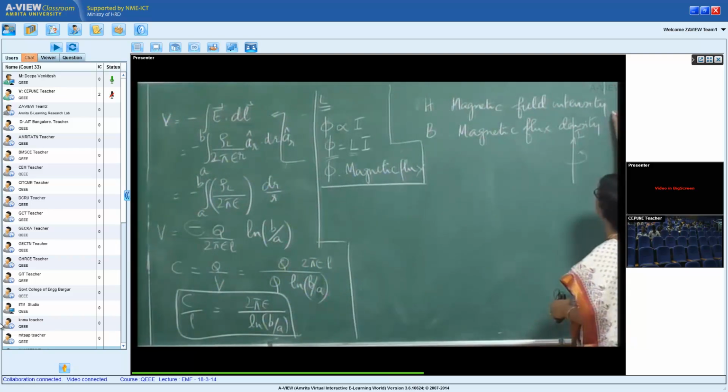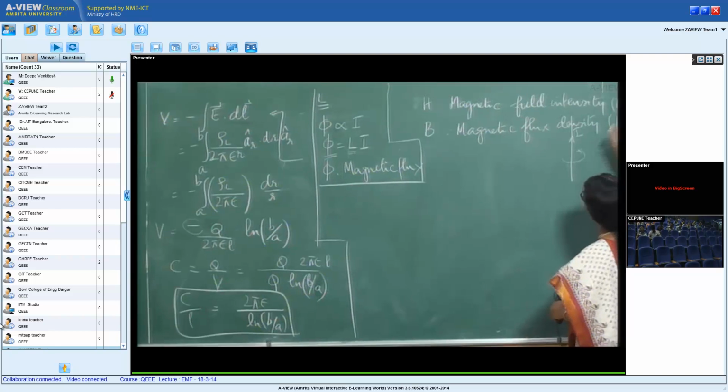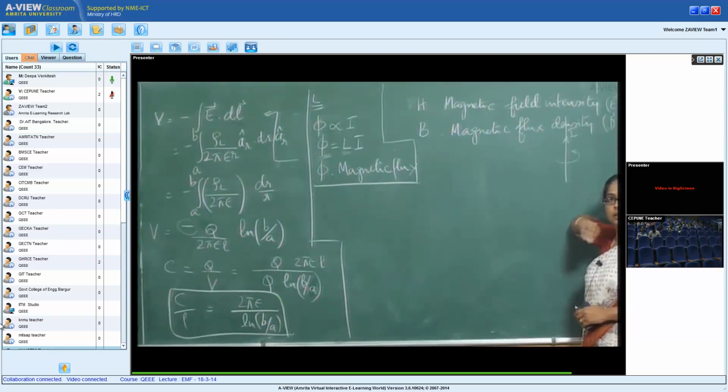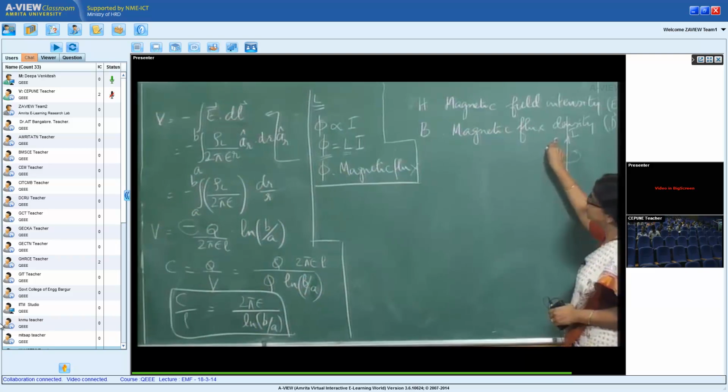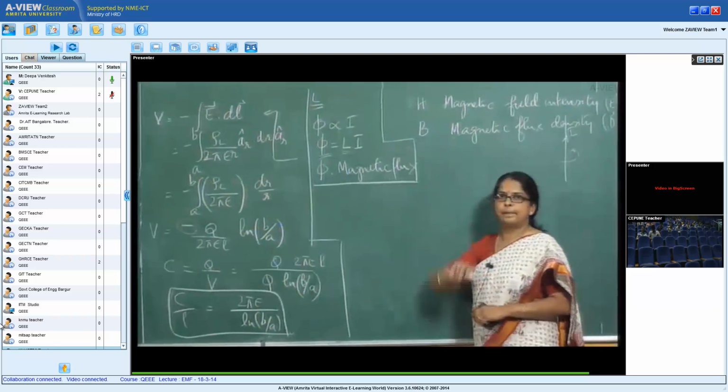This is analogous: field intensity is analogous to E, flux density is analogous to D in electrostatics. We want to be able to find these two to be able to find L.